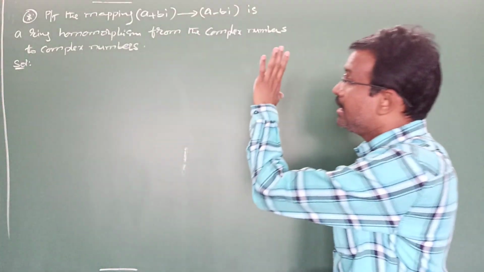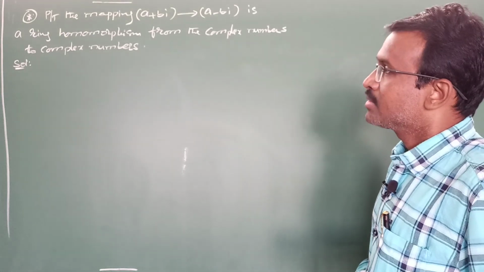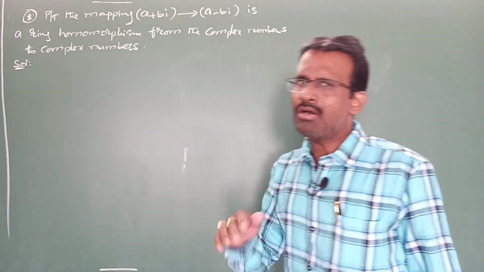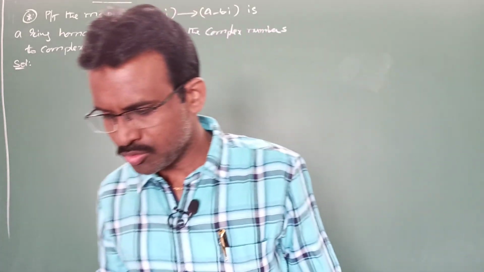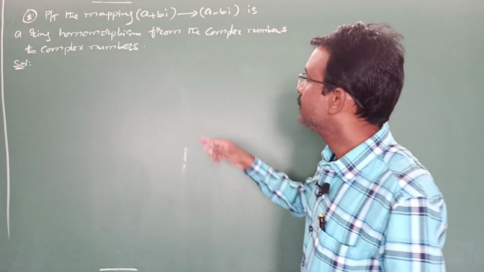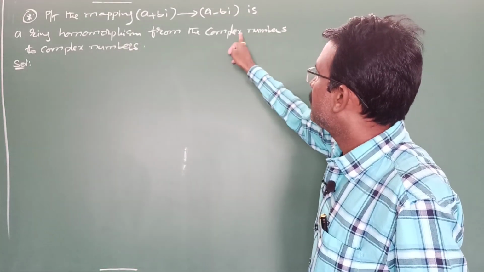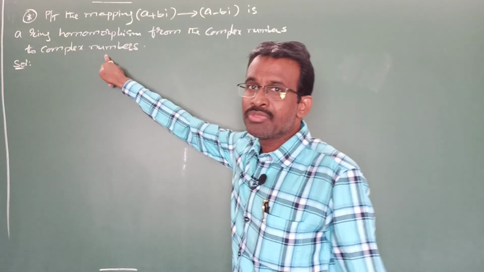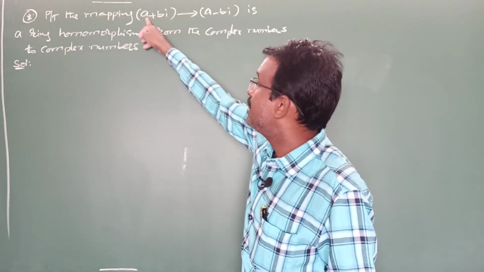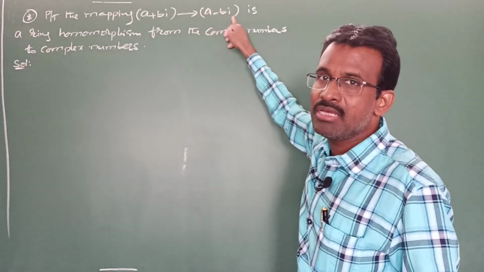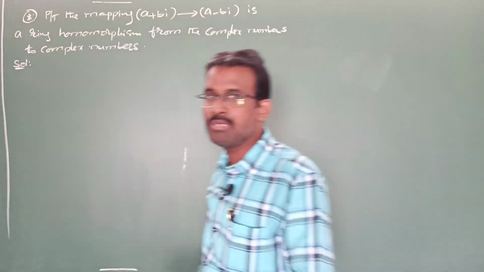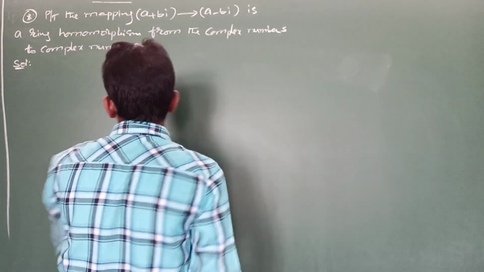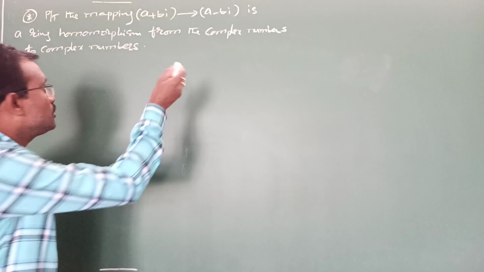Actually the above statement's meaning is, let us take a mapping, phi or f, whatever it may be, any notation we can use. I want to use phi notation. Let phi be a mapping from complex numbers to complex numbers in such a way that phi of a plus bi is equal to a minus bi. That is the meaning of the above statement. Complex numbers we are going to denote with capital C, so that you can proceed like this.